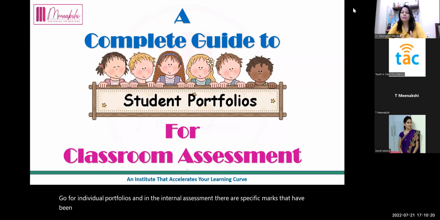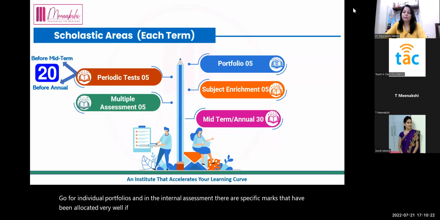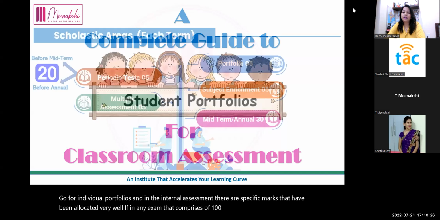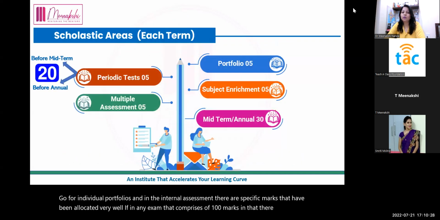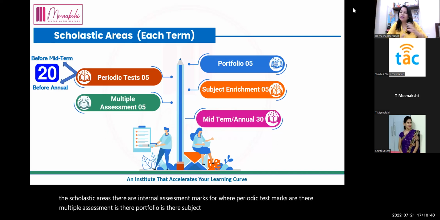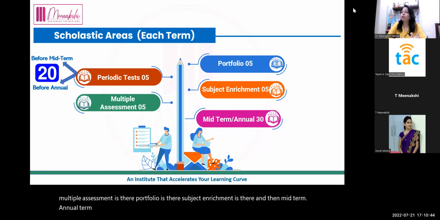You know very well, in any exam comprising 100 marks, in the scholastic areas there are internal assessment marks covering periodic tests, multiple assessment, portfolio, and subject enrichment, and then the midterm and annual term weightage, which varies from board to board.